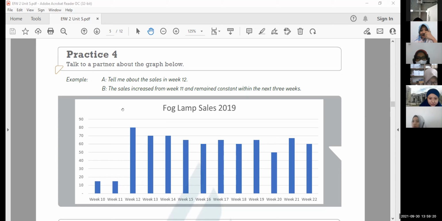Is it already clear? So later you can start asking and answering in the separate room. Later I will visit each of the rooms and see your conversation about asking and answering about the sales in practice 4. So I will open the rooms again.